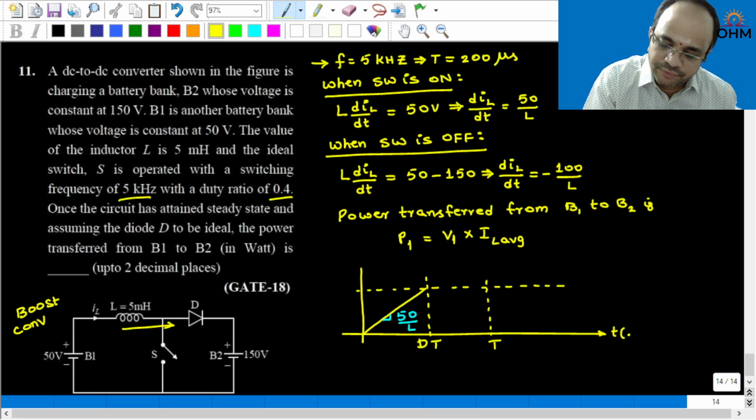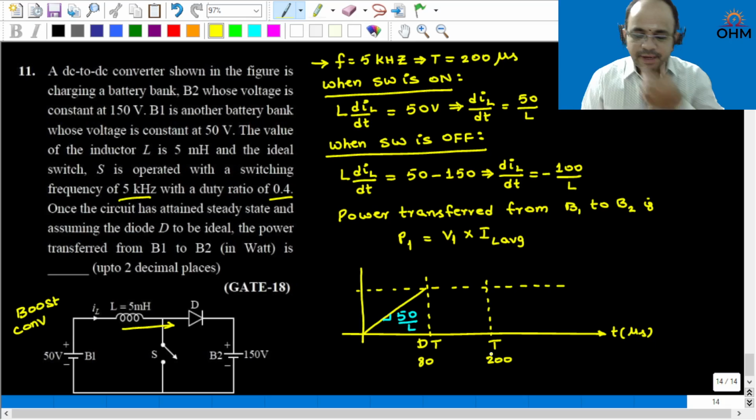Suppose I take this time axis in microsecond, this value will be 80 and this will be 200. Am I right? Now for 80 microsecond, the inductor current is increasing with a slope of 50 by L.